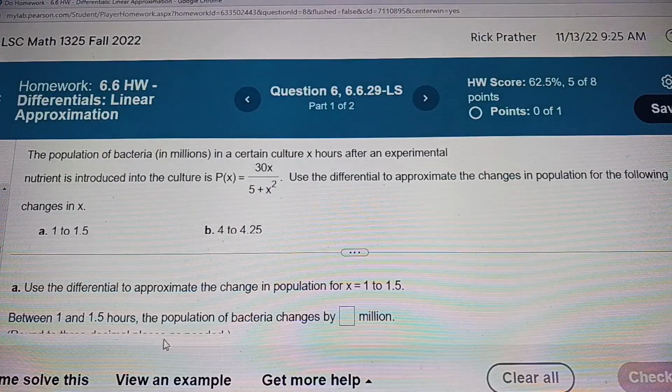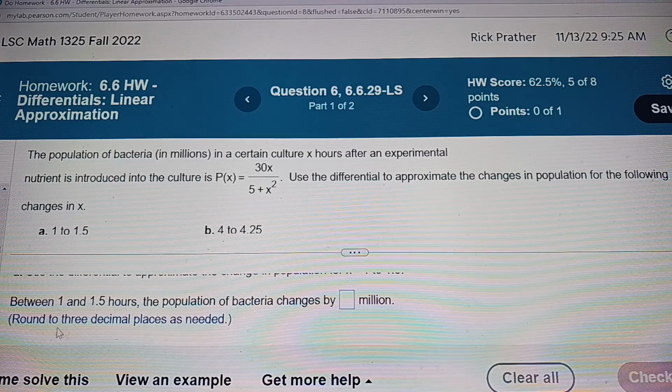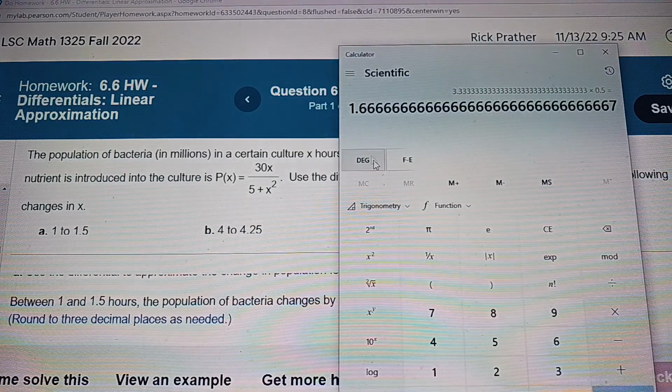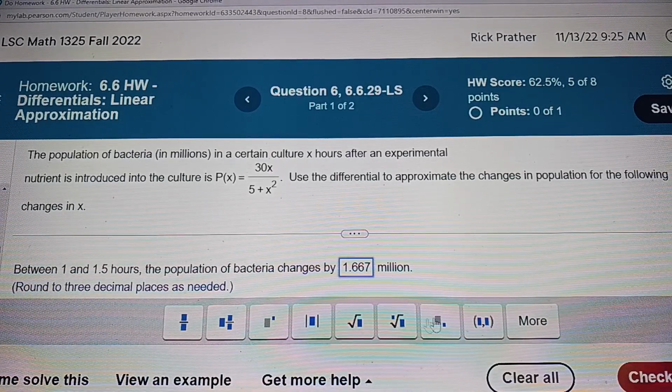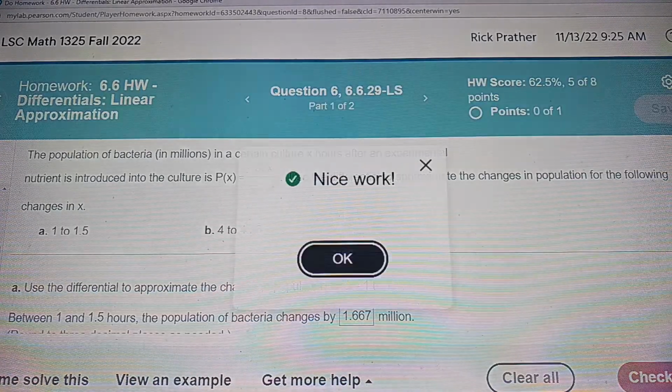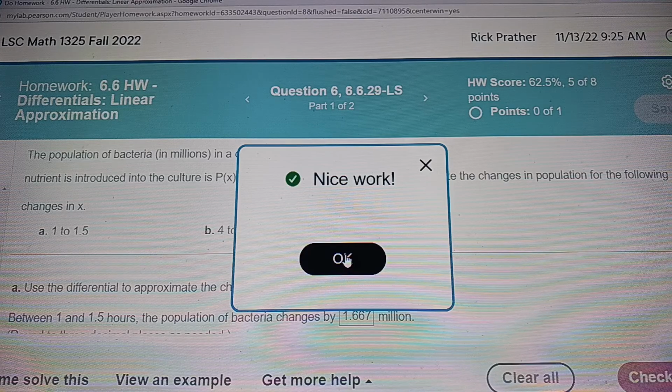And how do they want the answer? Round to 3 decimal places. So 1.667 million. It went up by 1.667 million bacteria in just a half an hour. Almost 2 million. Closer to 2 million than 1 million.